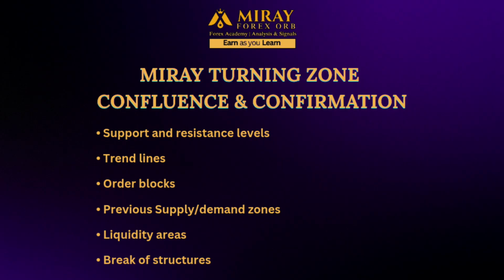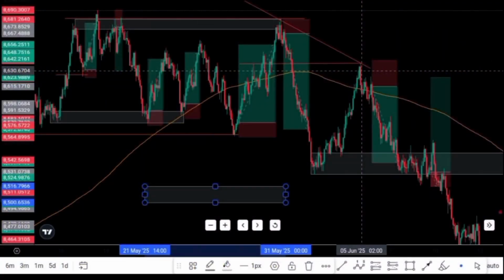Any of these which I just listed, I use them as confluence. I don't necessarily have to use everything. Just 1, 2, 3 is okay as confluence, just to get that confirmation that it's not just because of this that I am putting my zone here.